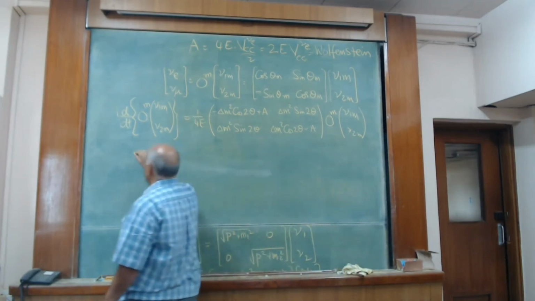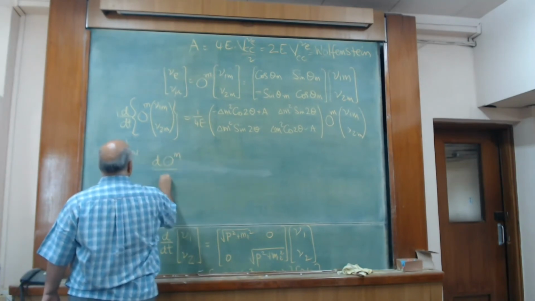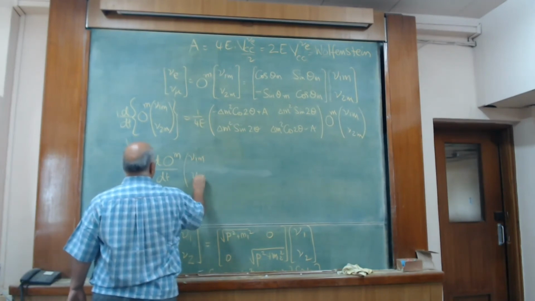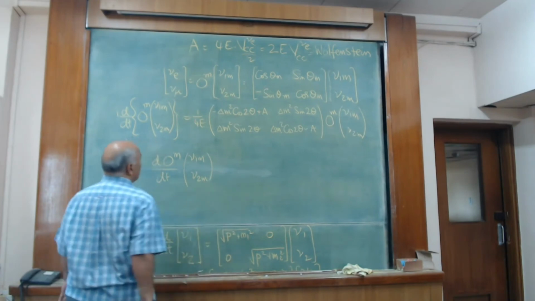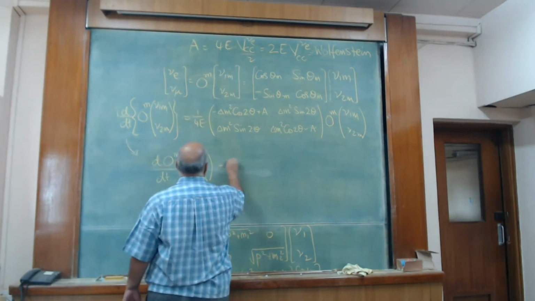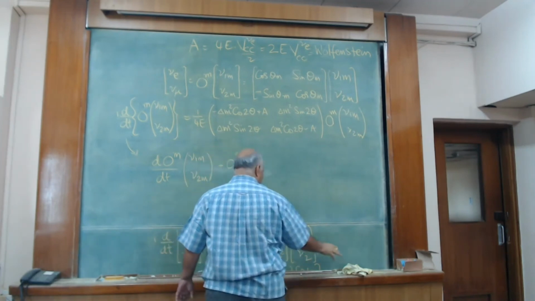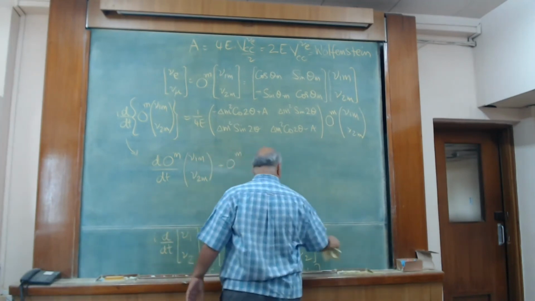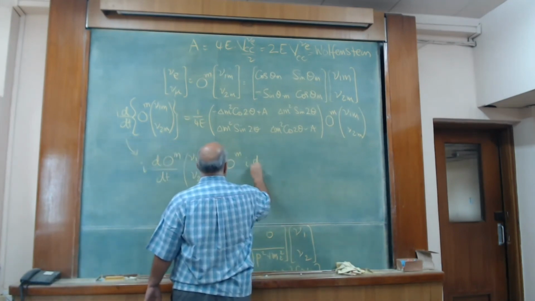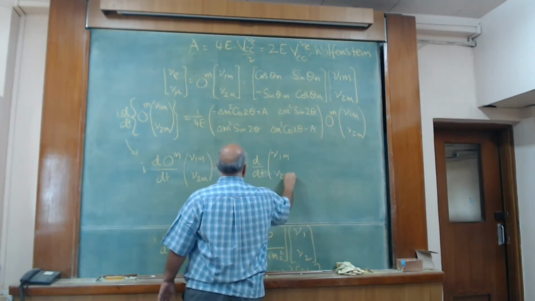Now on the left hand side, I have dO_M/dt acting on (ν1m, ν2m) plus O_M acting on i d/dt (ν1m, ν2m).